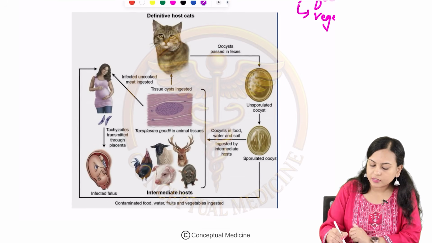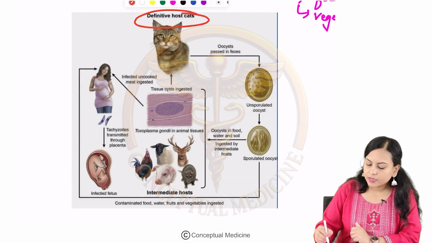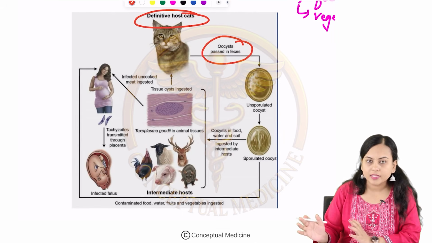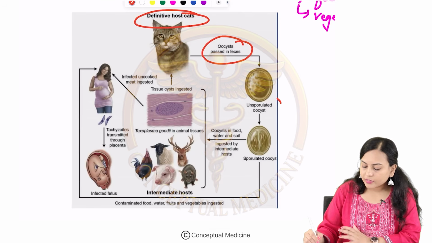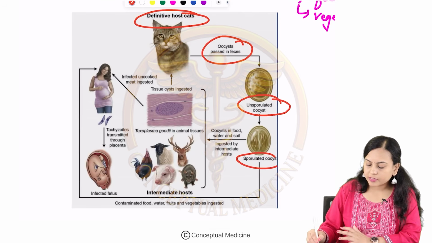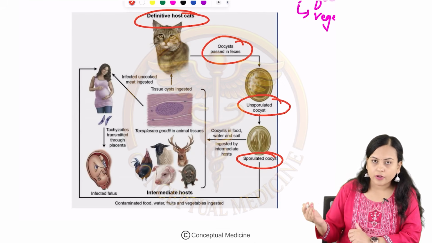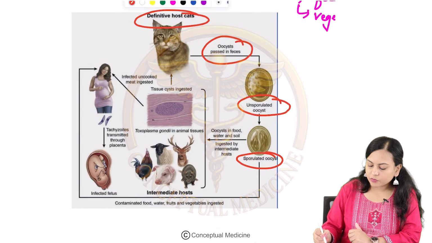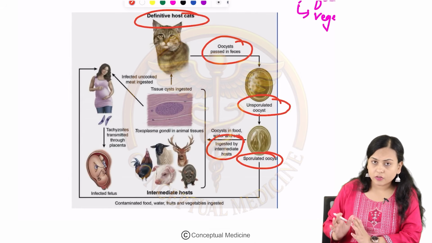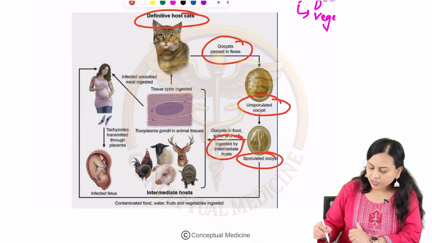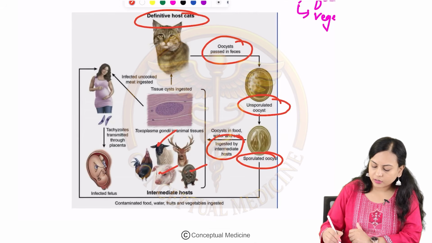If you see this, you are able to see the definitive host, the cats. The oocysts are passed in the feces of the cats, first an unsporulated cyst and then a sporulated cyst, and this oocyst will be seen in the soil, food, water, etc., which will be ingested by the intermediate hosts, the animals like goat, deer, pig, mouse, even the hen.